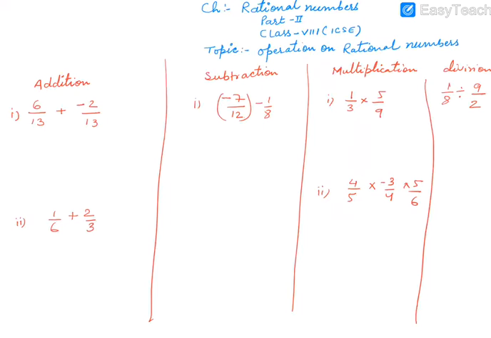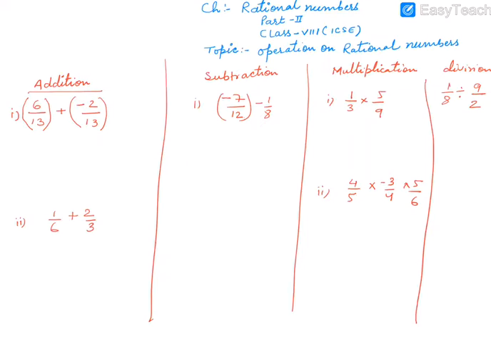Here you can see the first question I have written: 6 upon 13 plus negative 2 by 13. Two rational numbers are there, 6 upon 13 and minus 2 upon 13, and both have the same denominator.